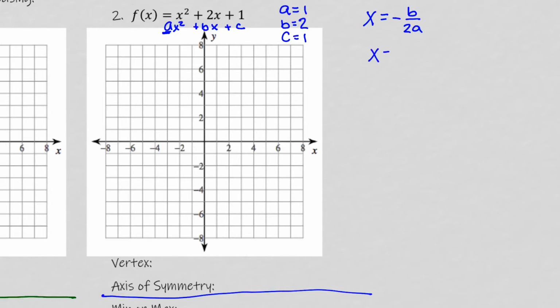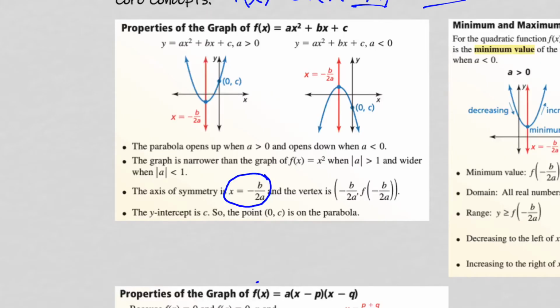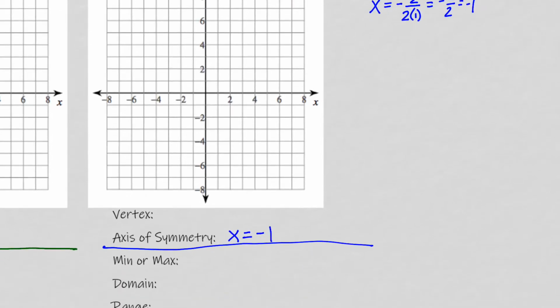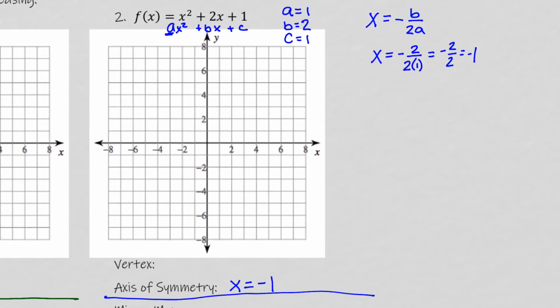I have x equals negative, and in this case my b is 2, over 2 times a, which is 1. So that is a negative 2 over 2, which is a negative 1. So my axis of symmetry is x equals, oh, what just happened? Sorry about that. Let me scroll that up. X equals negative 1. Okay, so I have my axis.